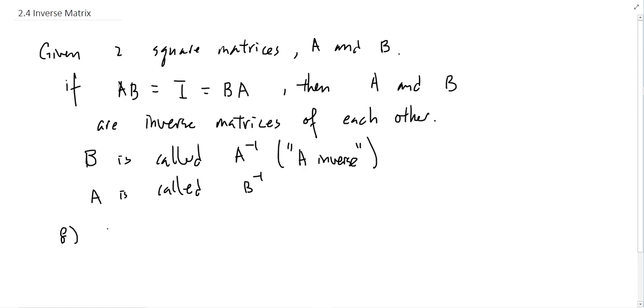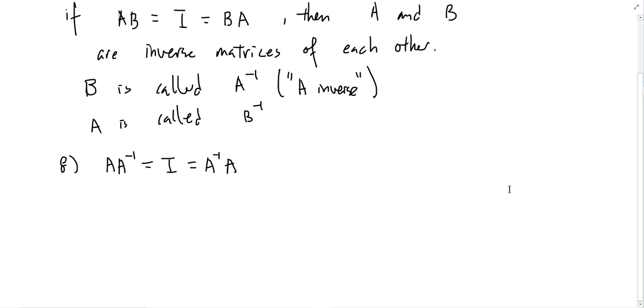So here I can add property number 8, which says A times A inverse equals the identity matrix, and that's the same thing as A inverse times A. So if you have a square matrix, then there is a possibility of an inverse matrix that when you multiply it, it becomes the identity. Now, I did say there is a possibility, because the inverse of a matrix doesn't always exist, and we'll talk about why that is the case.